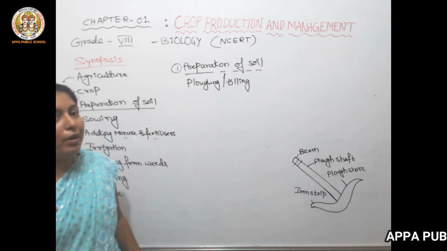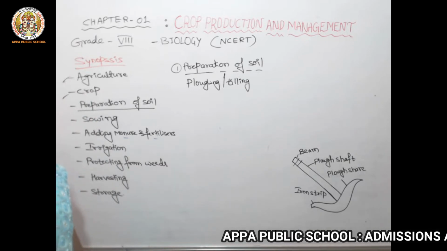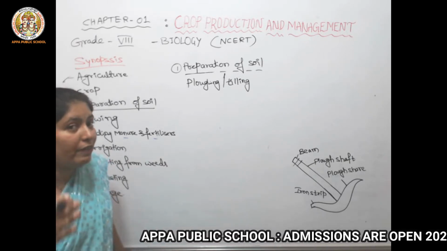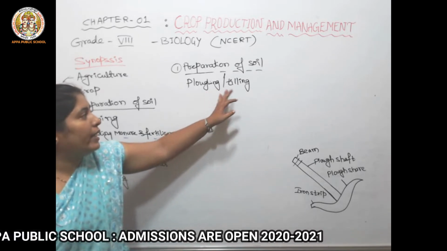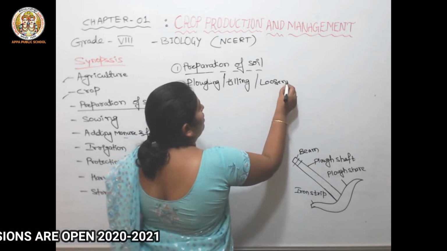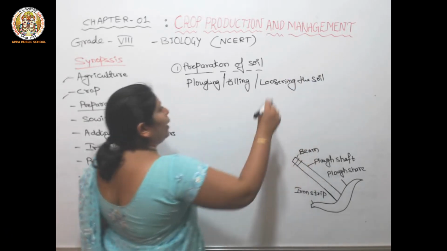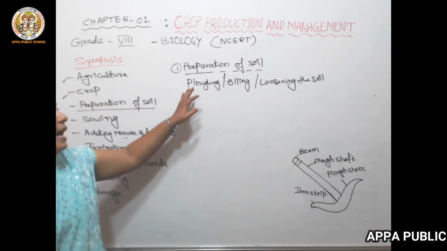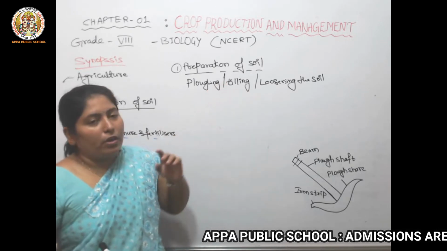So how to prepare the soil? First you know how to prepare the soil, then we will study why to prepare the soil. Why to go for plowing, tilling, or even we can call it loosening the soil. First we will study how the soil is prepared, or else plowed or tilled.